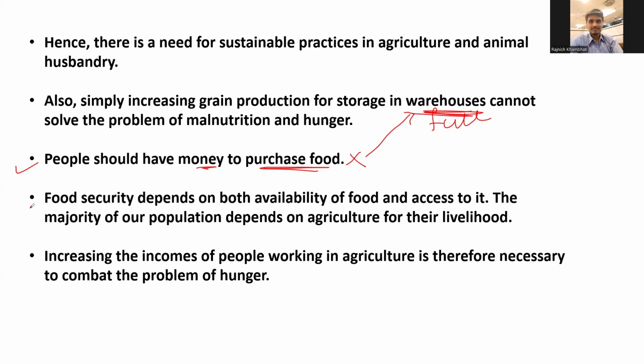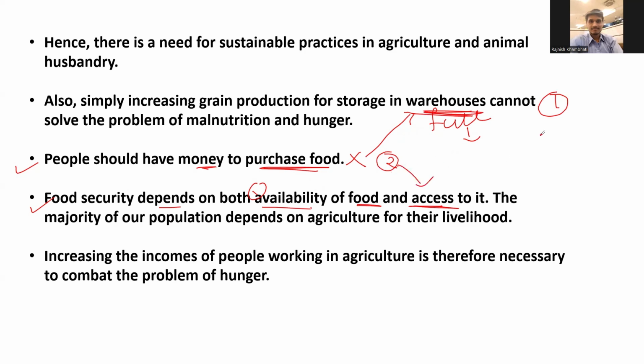Next, food security depends on both availability and access. So I just told you that when you store the food in warehouses, we get some losses over there. So we have to secure our food, and that depends on both: number one, availability of the food, and number two, access to the food. This is the explanation of both things.